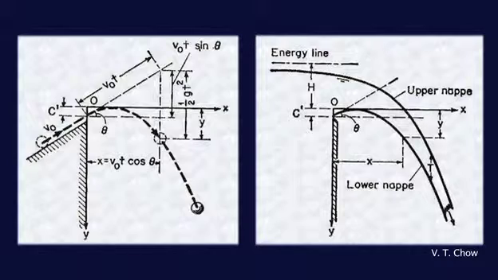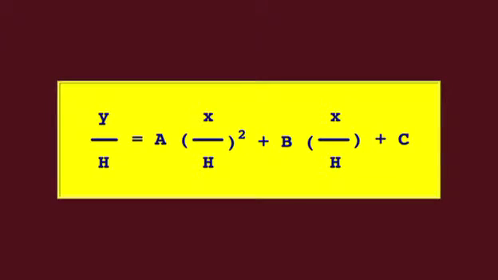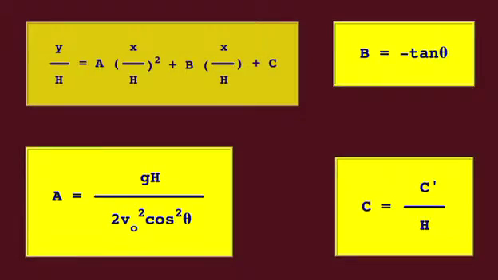Kinematics leads to a parabolic equation for the nappe surface. With the coefficients, the shape of the flow nappe over a sharp-crested weir is useful in the design of overflow spillways.